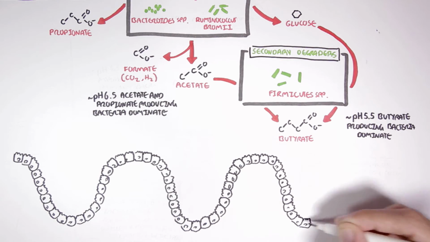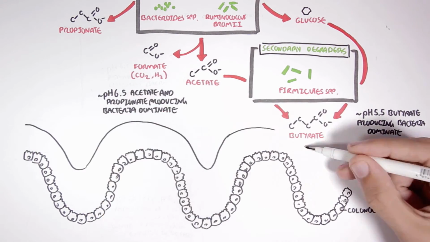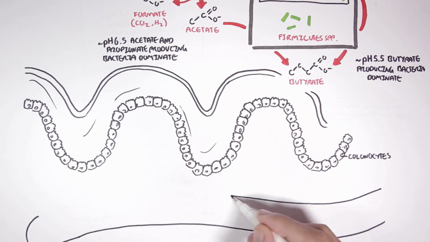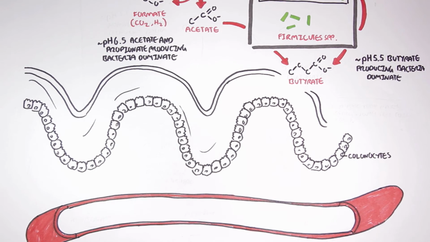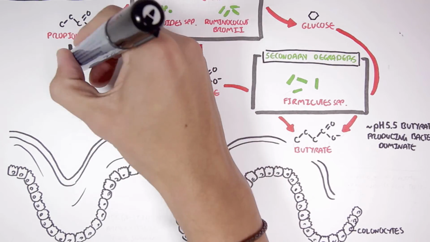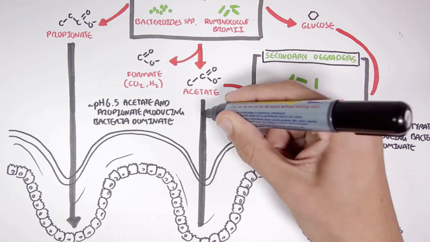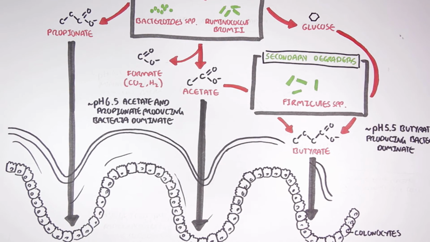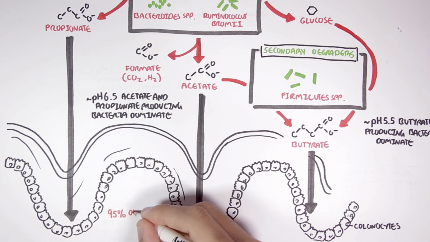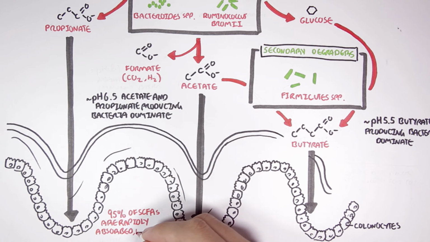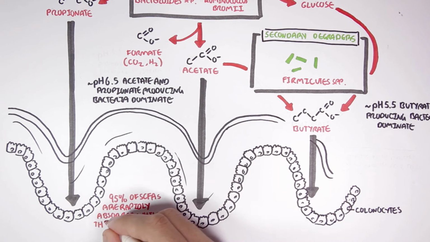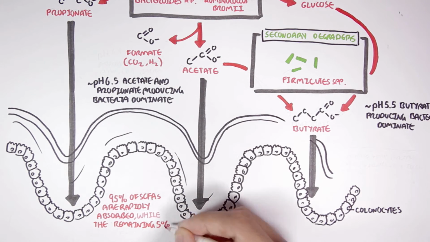From the lumen, these short-chain fatty acids are absorbed by the colon epithelial cells, known simply as colonocytes. About 95% of the short-chain fatty acids are rapidly absorbed by the colon cells, while the remaining 5% are excreted in the feces.